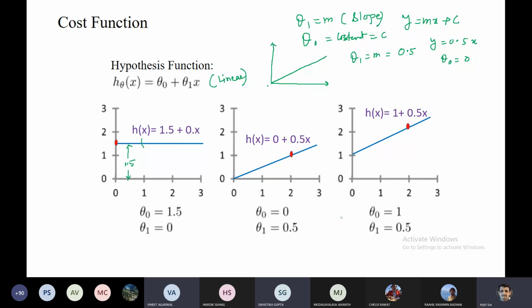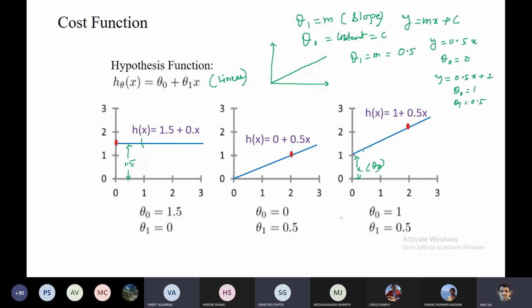Okay. Now if we put y is equal to 0.5x plus, let's say, 1, so theta 0 is 1 and theta 1 is equal to 0.5, you can think of the same line as shifted from here to here, because of theta 0.